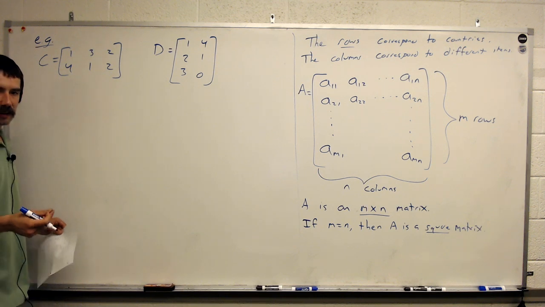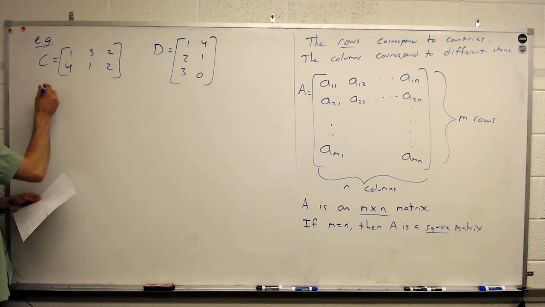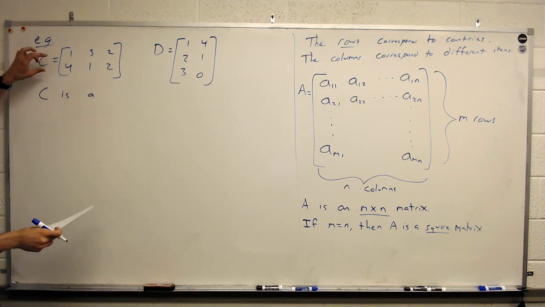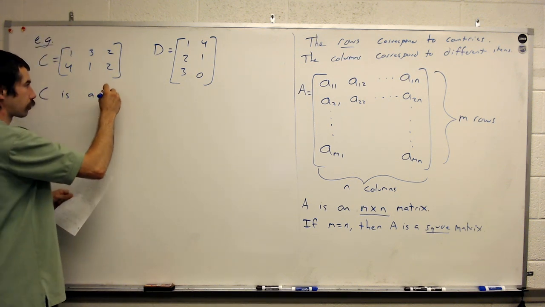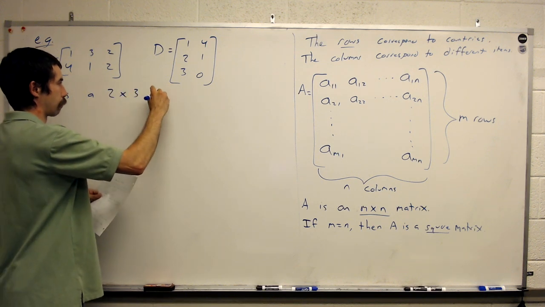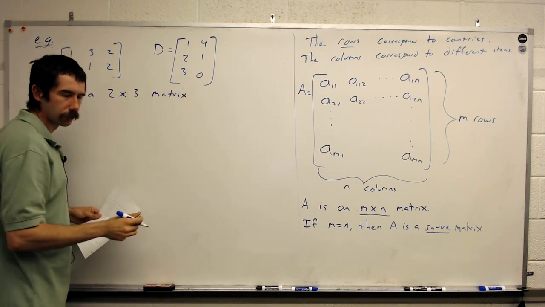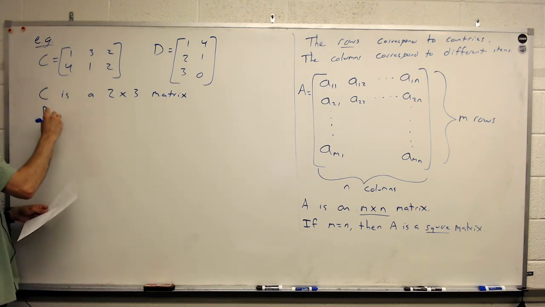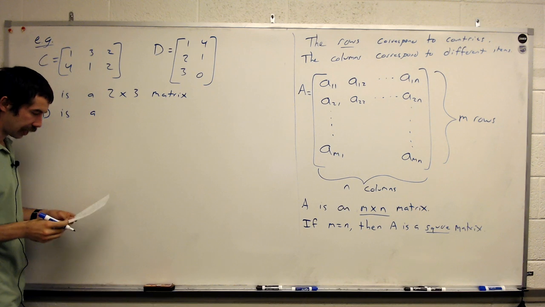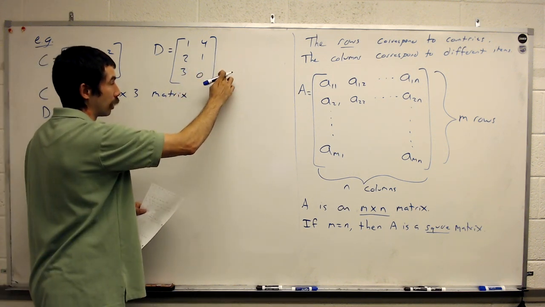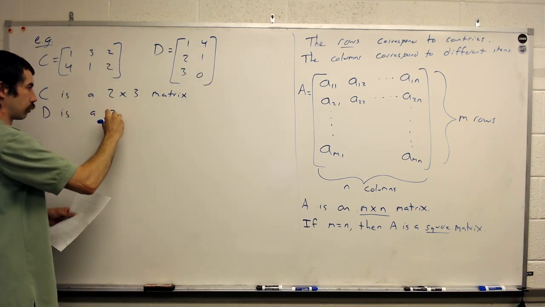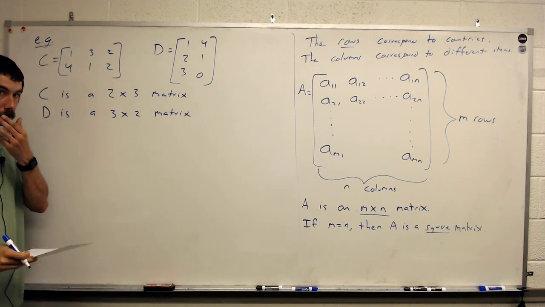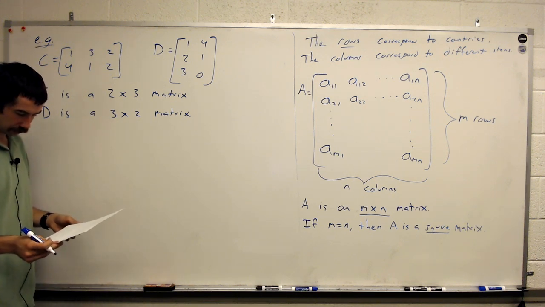So we want to find the size of both these matrices. C is 2 rows by 3 columns. C is a 2 by 3 matrix. D is 3 rows, 2 columns. D is a 3 by 2 matrix.